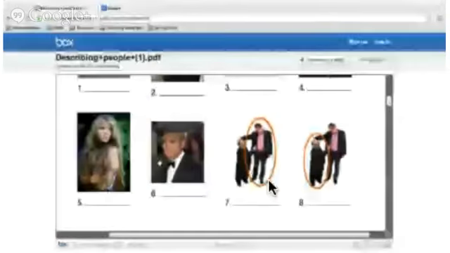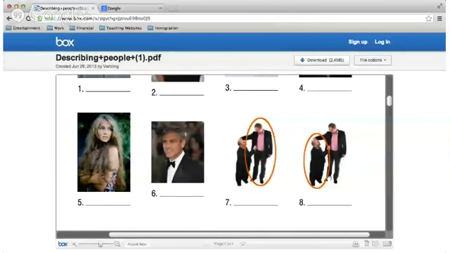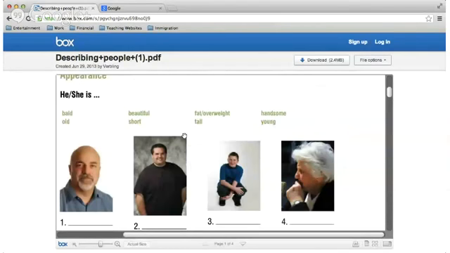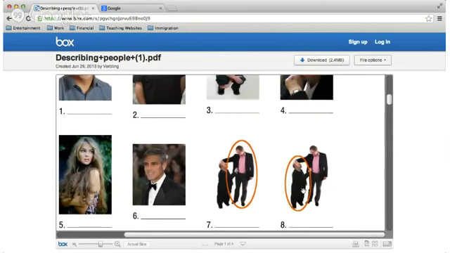Good. Let's go to Nantwat. And the last one here, number 8. The last one is short. Yeah, short. How else can we call this? What other words can we use to describe this man here?